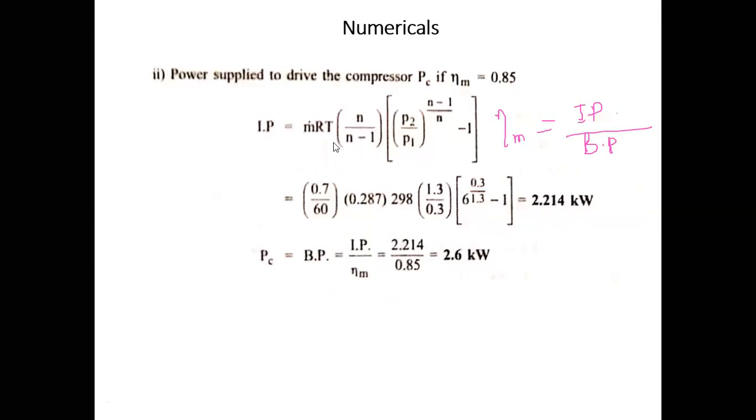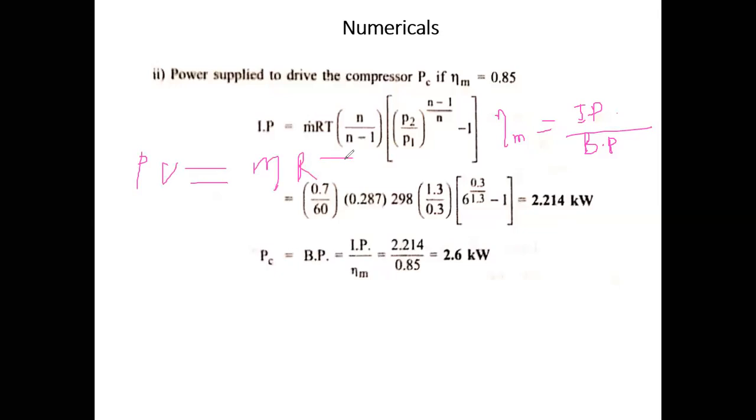We already derived this formula, and the formula is n upon n minus 1 into PV. Here we use the ideal gas equation, and instead of writing PV we write MRT. The ideal gas equation is known to all of you, that is PV is equal to MRT.